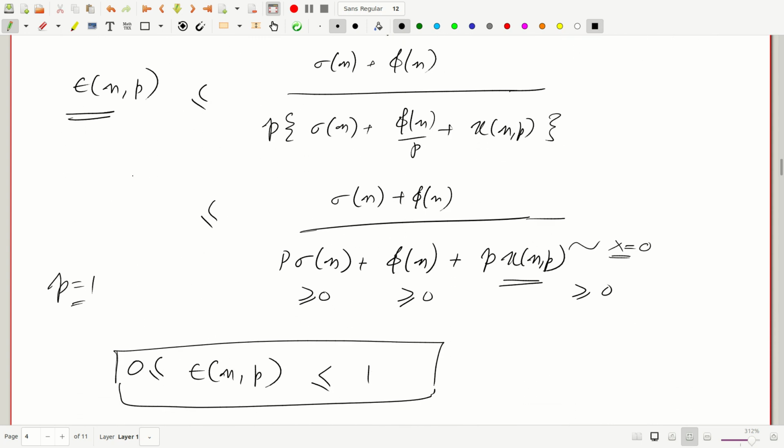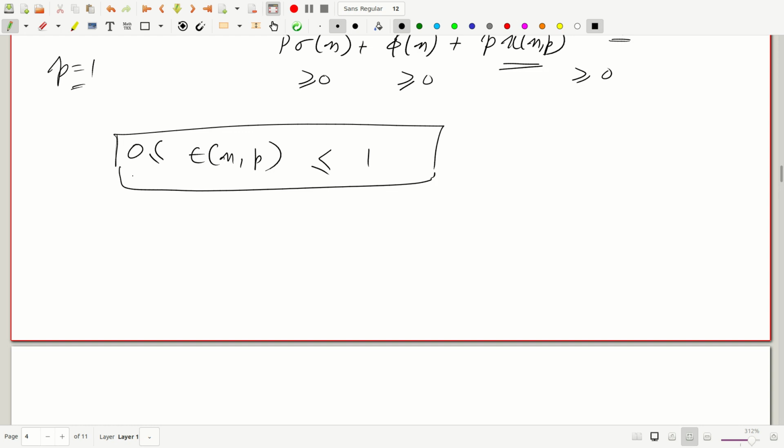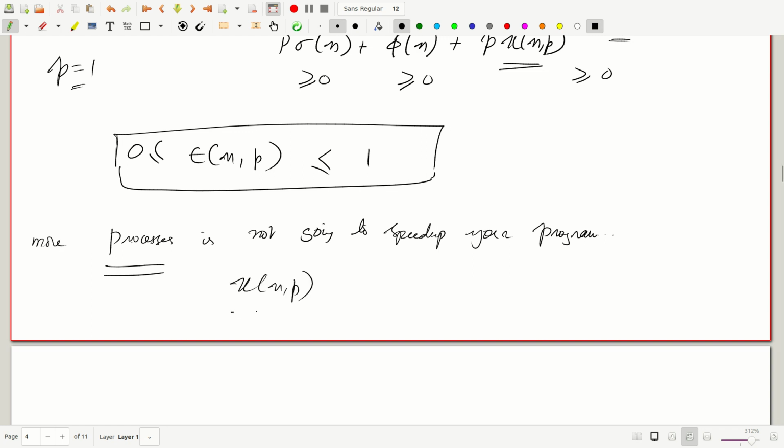All right, now we have briefly touched upon this idea that putting in more processes is not going to speed up your program, right? We briefly looked at that, saying that essentially your kappa of n,p would actually increase.